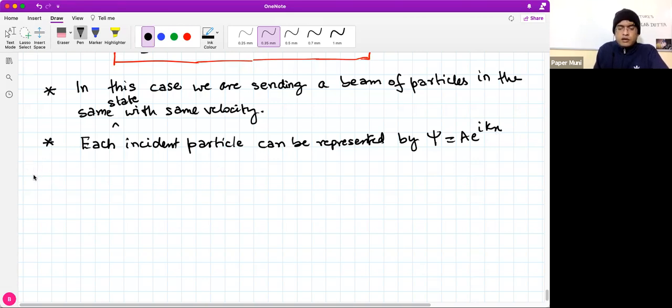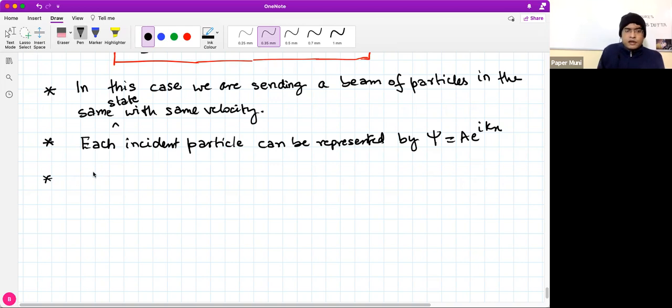Now also we can represent the incident beam. Now there will be a change in the interpretation. We are saying that each incident particle can be represented by this wave function psi, which is e to the i kx. That is fine.